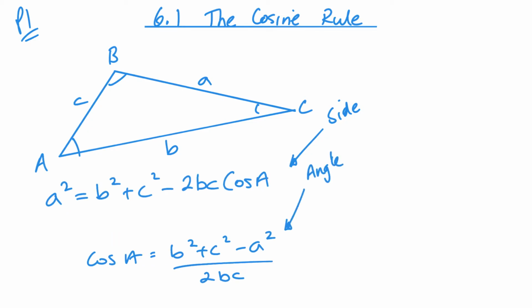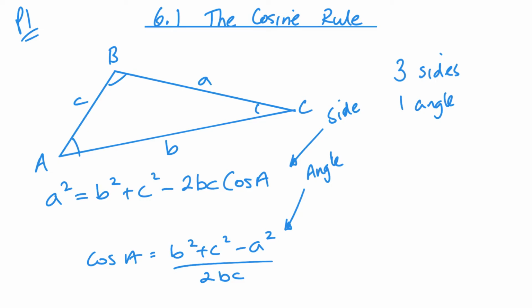So when do I use the cosine rule? Now, just before we get into it, it's important to think about this, but the cosine rule is used when we're looking at these four pieces of information. So we're looking at 3 sides and 1 angle.